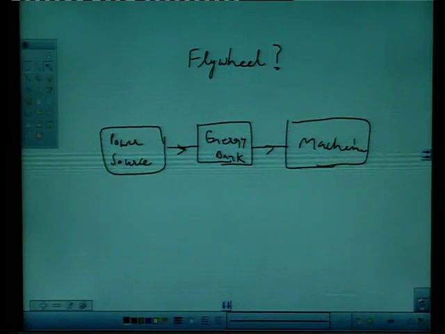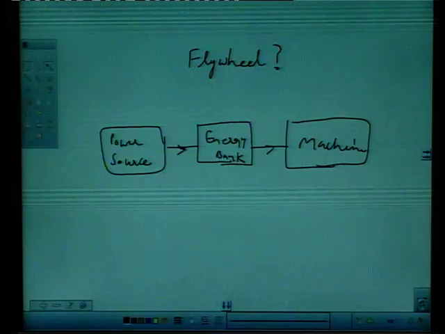So, flywheel is an energy bank between a power source and a machine.